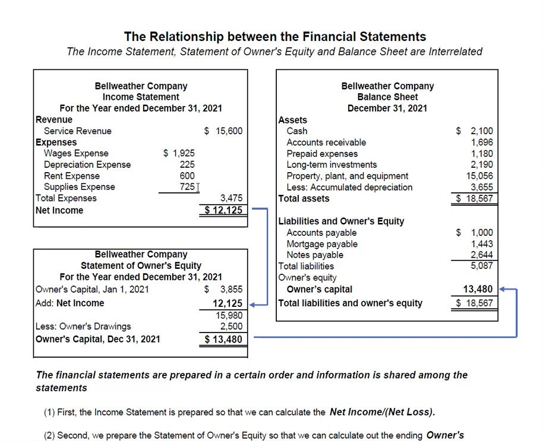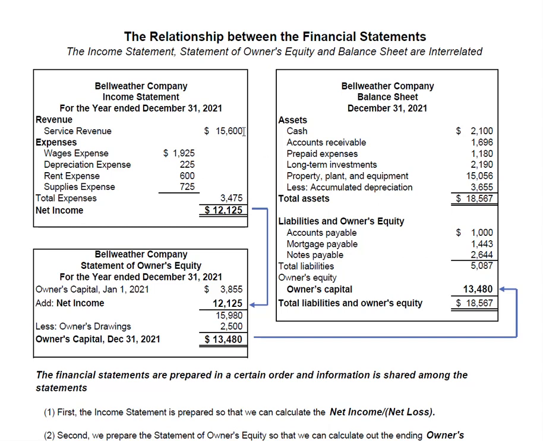Now we're going to sum them together and put the total in the total column. So we put a line underneath it to indicate that we will be summing these numbers. Here's my total, $3,475. And we will be subtracting that from our revenue. So we indicate that with another line.